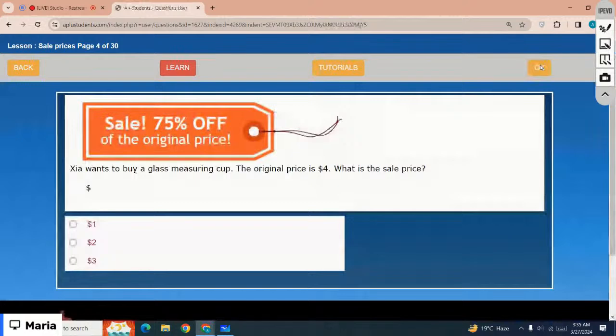Okay, Zia wants to buy a glass measuring cup. The original price is $4. What is the sale price? So which is the correct option?